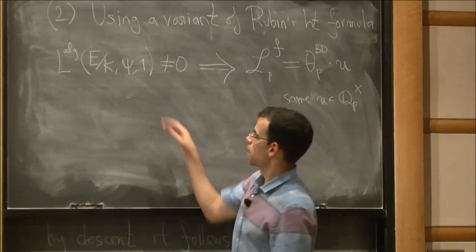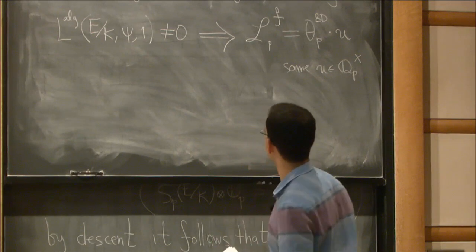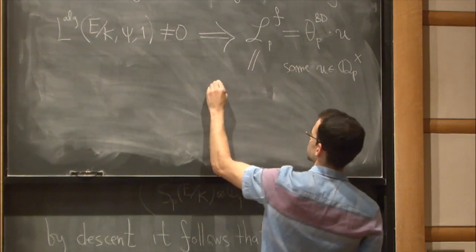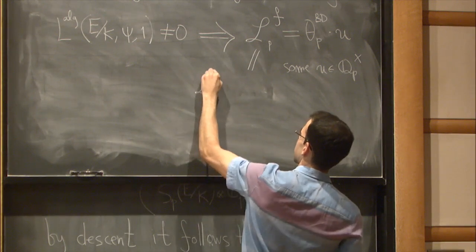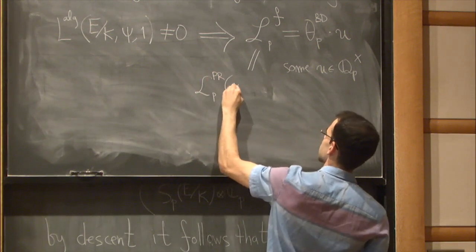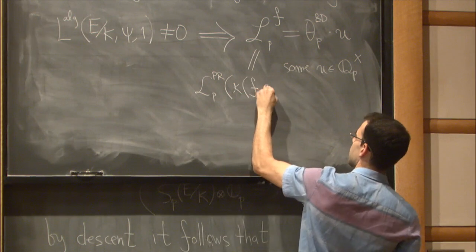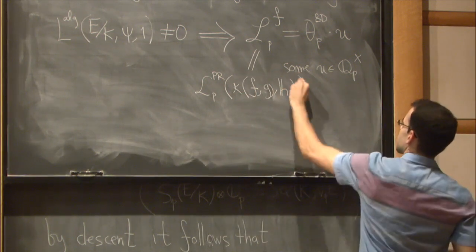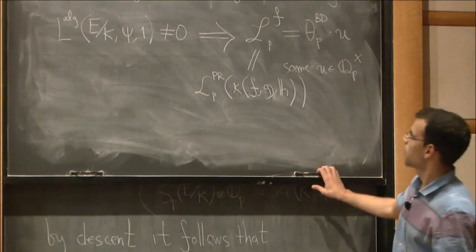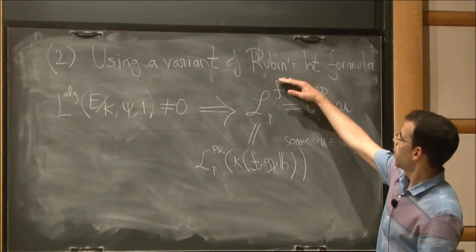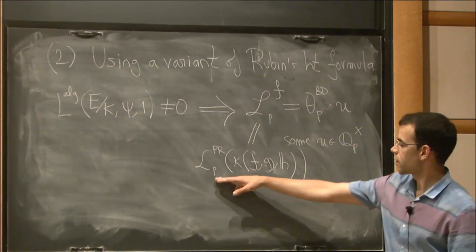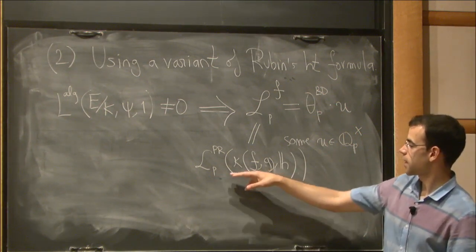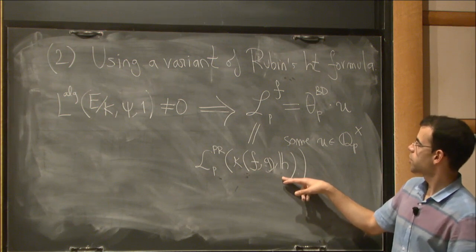And this u will involve this value. On the other hand, by Darmon and Rotger, we know that this arises as the image under a Perrin-Riou map of this big homology class. And that's precisely a situation in which one can apply a formula a la Rubin, when you have a p-adic L-function which arises as the image under some linear map like that of a family of homology classes.